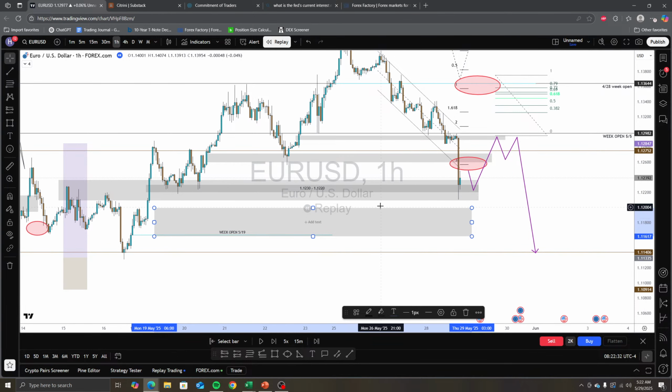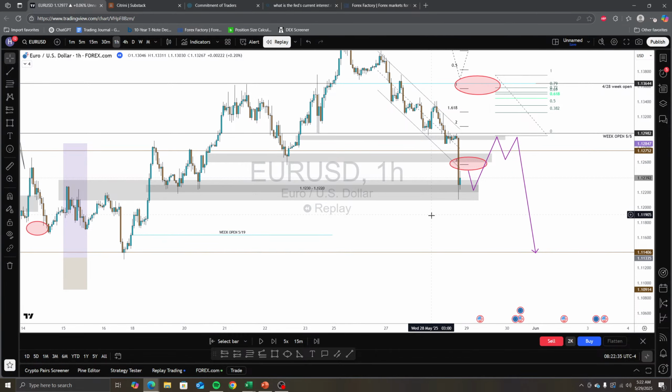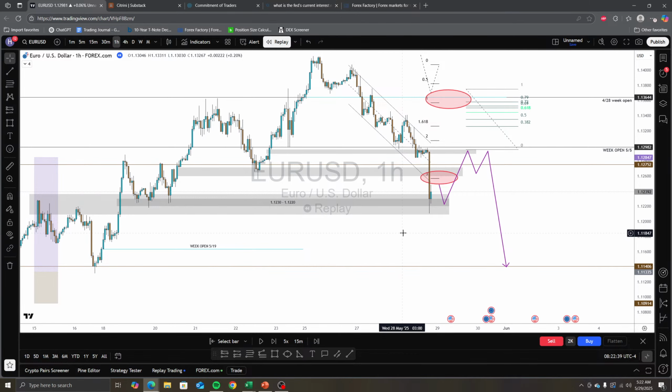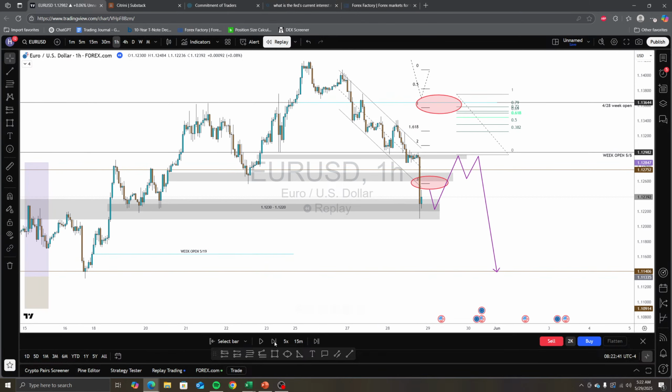So it kind of just sweeps up liquidity, I guess. And then from there, it bounced up and has been chilling.